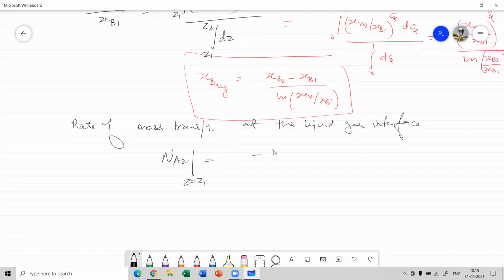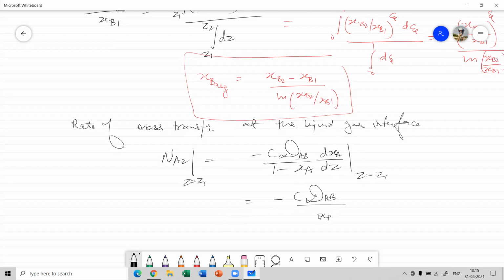NAz was minus C DAB over 1 minus xA dxA over dz, at z equal to z1. This can also be written as C DAB over xb1 dxb over dz at z equal to z1.